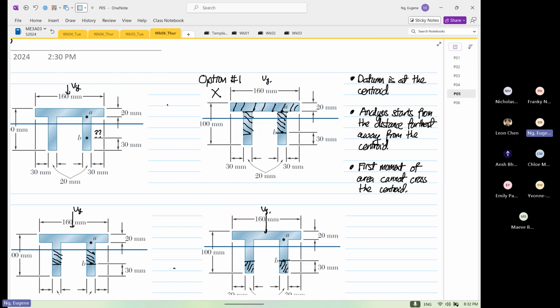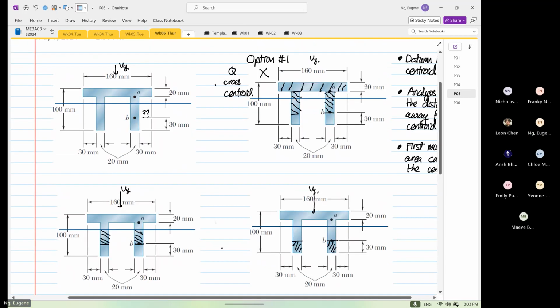Anyone, you can write down in the chat or you can say something. Why is option 1 not right? Anyone? Yeah, you're absolutely right. It crossed the what? It crossed the centroid. So cross centroid.